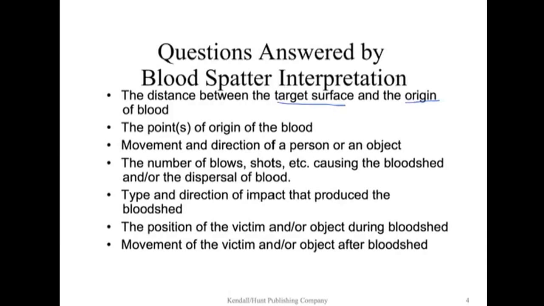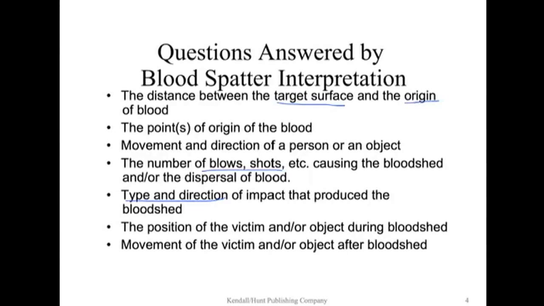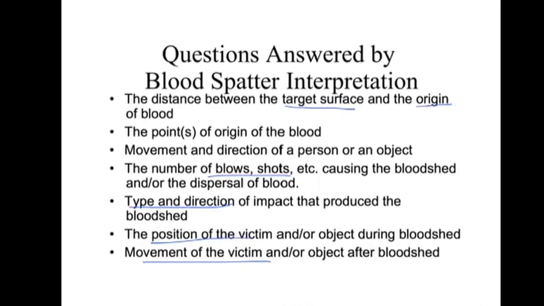The number of blows, the number of shots, things like that are going to affect how the blood is dispersed. The type and direction of impact: we can tell if a knife was used, if a bat was used, if a shovel was used. They're going to result in different types of blood spatters. And then the position and movement of the victim or object during and after blood was shed.